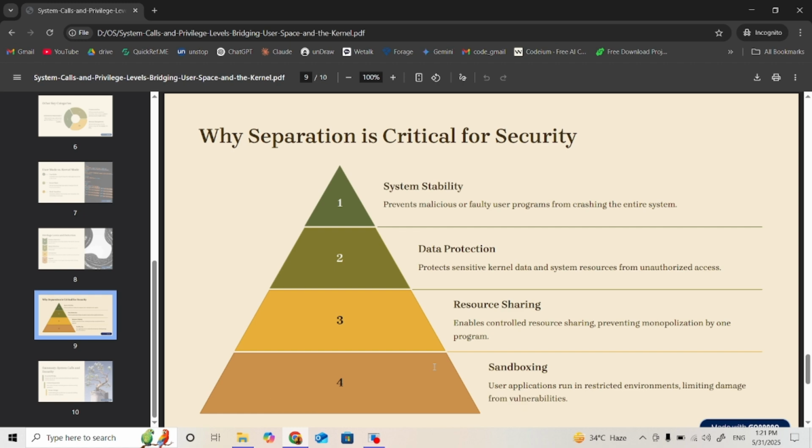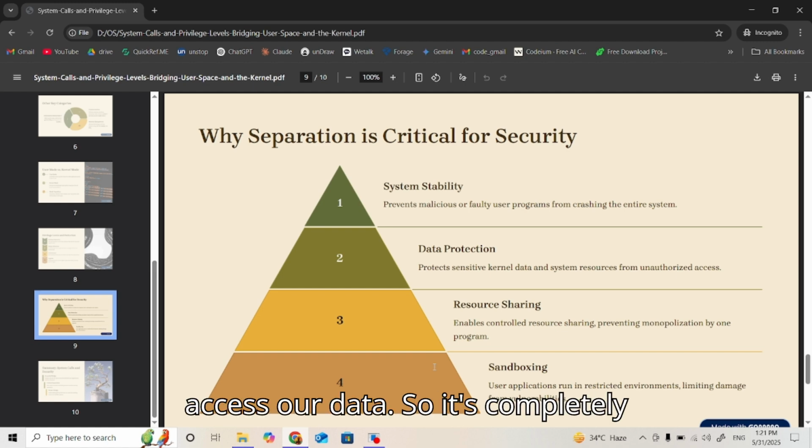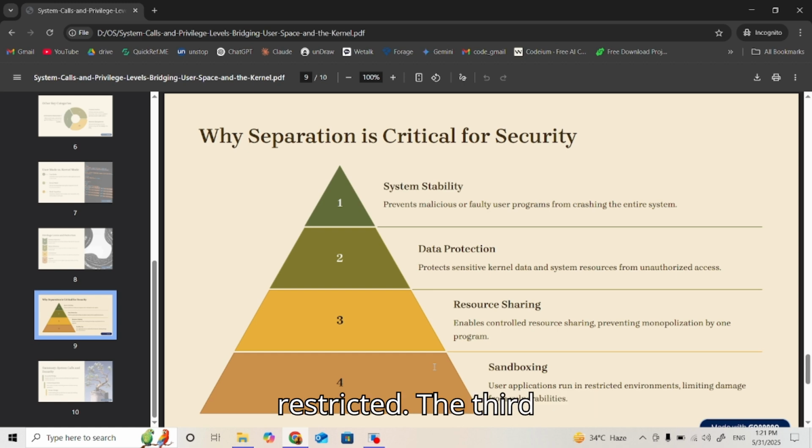Data protection: we need to secure our data and our resources, preventing unauthorized use of it, or someone outside being able to access our data. So it's completely restricted.